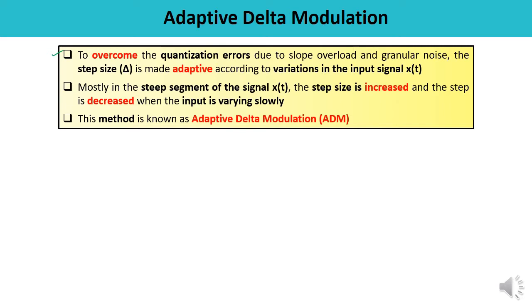It means depending upon the nature of the input signal, the step size must be adaptive. Adaptive delta modulation is mostly used in the steep segments of the signal x(t), and the step size is increased or decreased when the input is varying slowly. So the method which has this adaptive nature of varying step size is known as adaptive delta modulation.